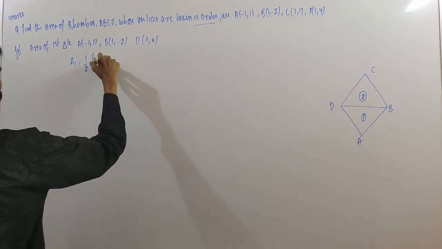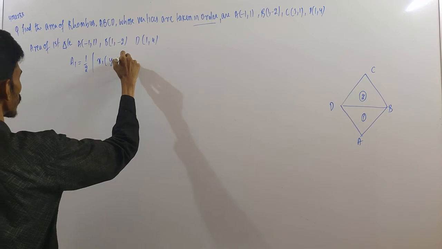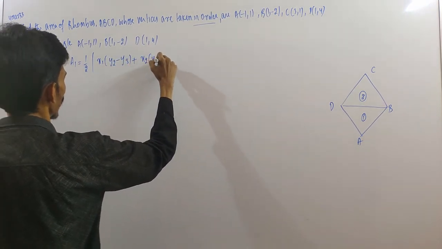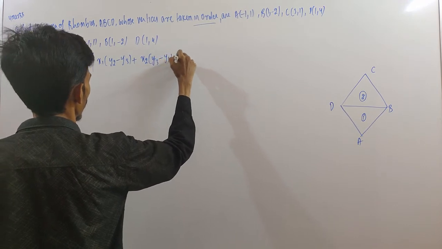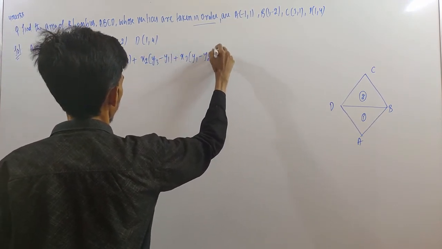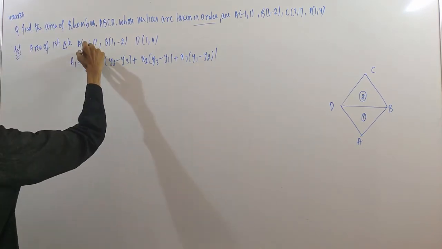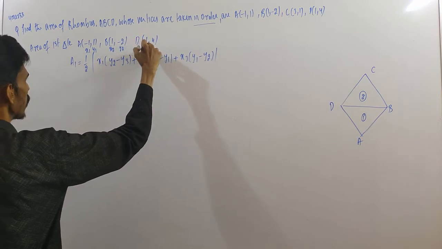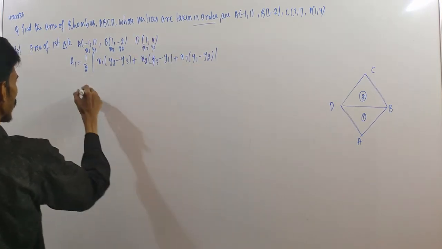Let us apply the formula: x1 into (y2 minus y3). Take these as (x1, y1), (x2, y2), (x3, y3).